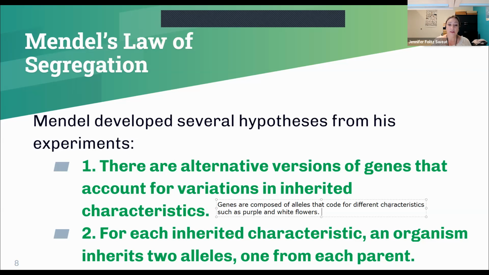Now, the second statement, for each inherited characteristic, an organism has two alleles, one from each parent. So in this statement, characteristic means a gene. So for each gene, you have one allele from mom, one allele from dad. I'm going to write that.